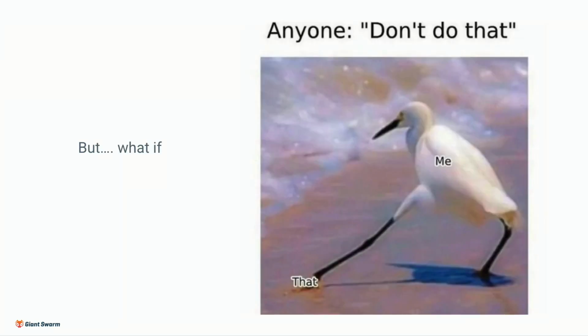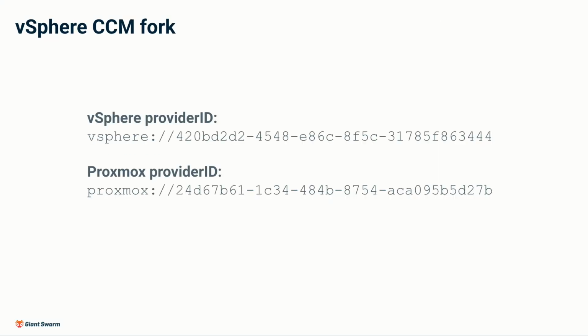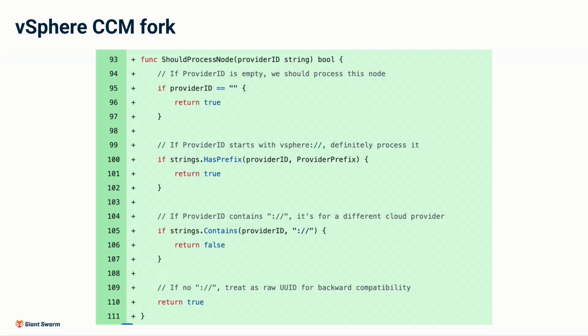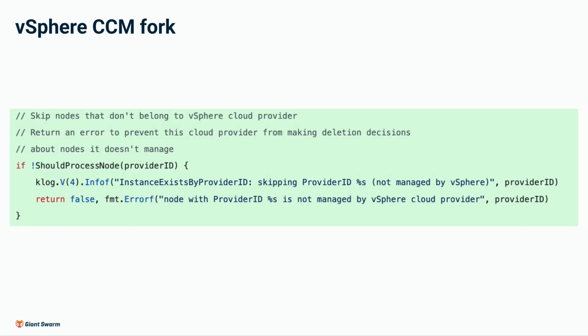However, we were thinking: aren't these provider IDs very obviously different from each other? They have a prefix that literally sets the provider in them. So what we decided to do was patch the vSphere CCM to check for the prefix. If that prefix is not vSphere, it should just leave the node alone.